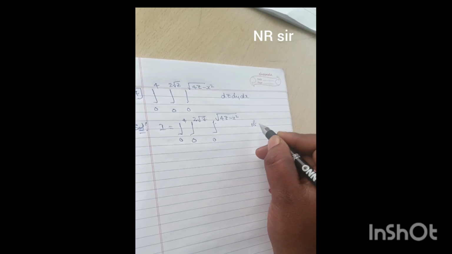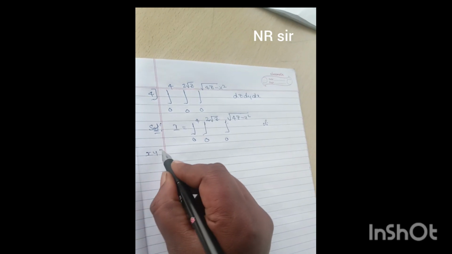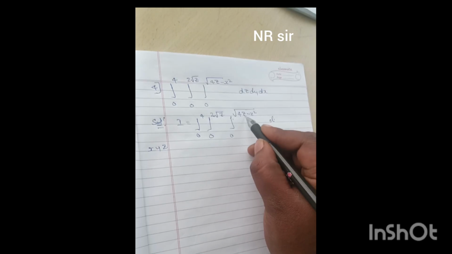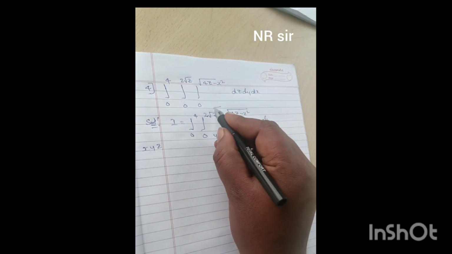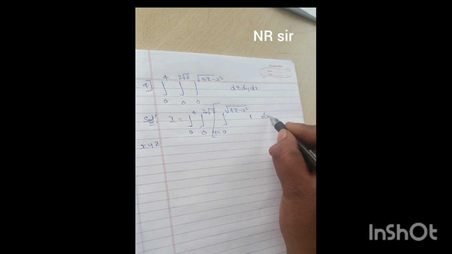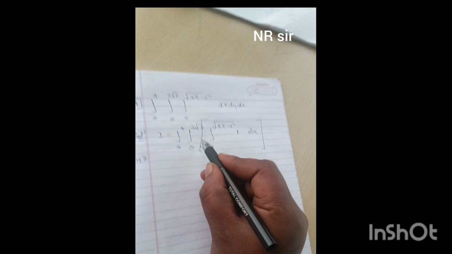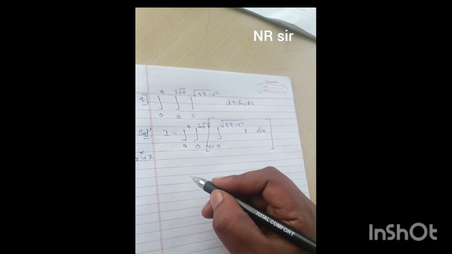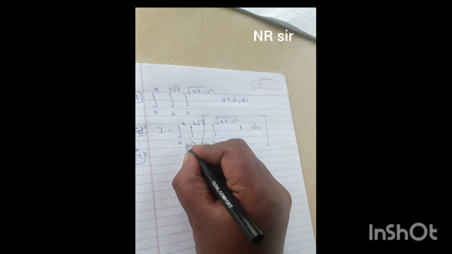Before writing this, let me define that there are three variables x, y, z in total. You can observe that x and z are contained, but y is not there, so let me consider that as the y limit, and the function will be 1, so we have to do dy integration first. Second, you can observe 2 root z: y has gone, z is contained, so we take this as the x limit.